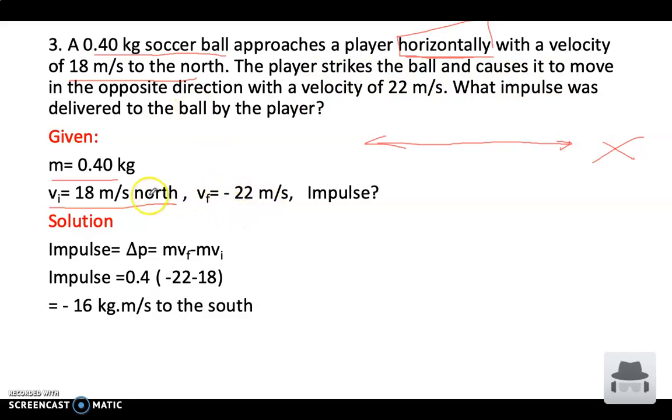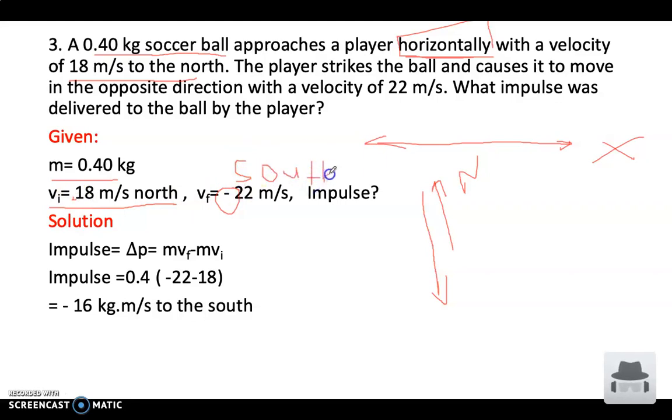The opposite direction, if it moves north, it will reflect and move what? South. Now remember, velocity is a vector quantity, which means I have to take into consideration the direction. North is positive, south is what? Negative. Yes, south, negative.